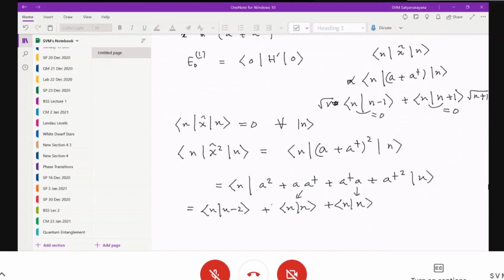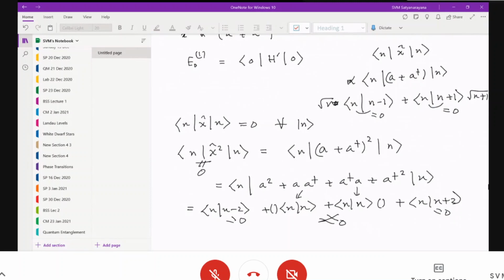Of course, the coefficients you have to find out. Plus, n with n plus 2 will be 0. These two terms will be non-zero, and hence the expectation of x square is not equal to 0.